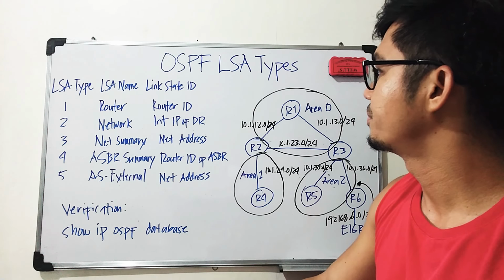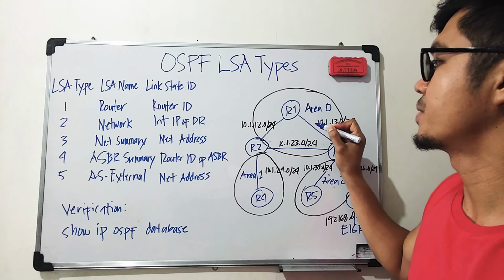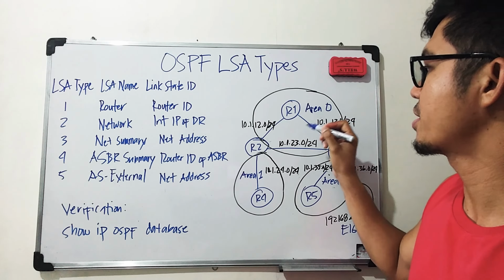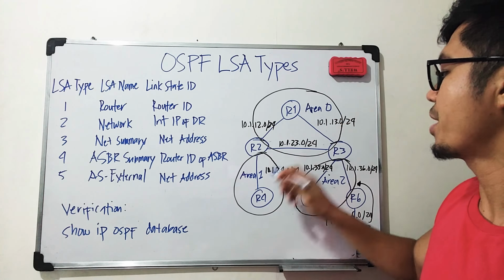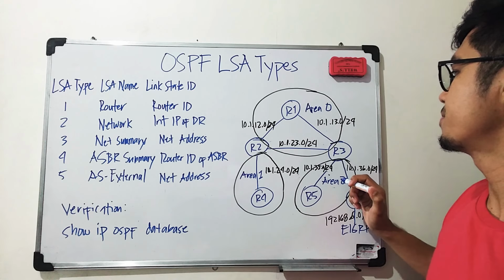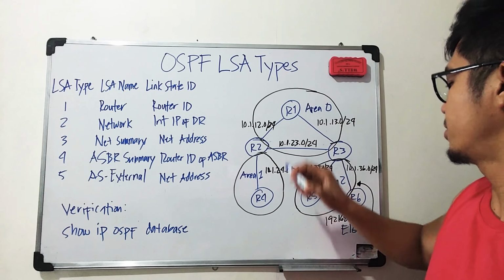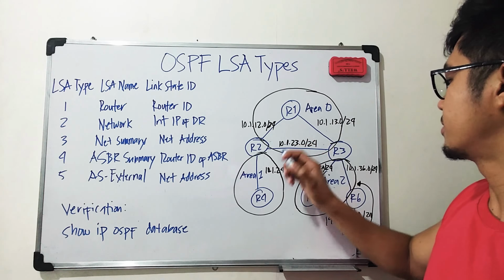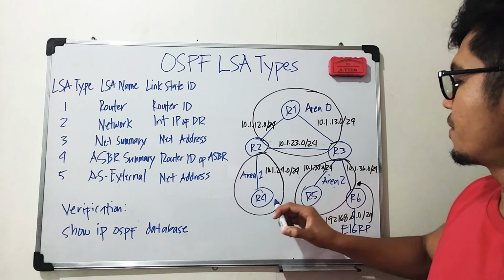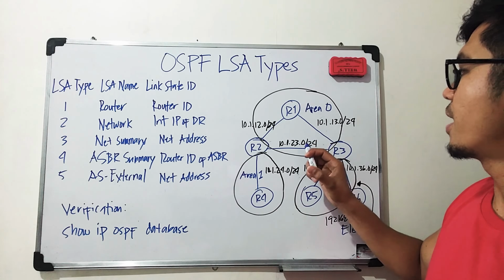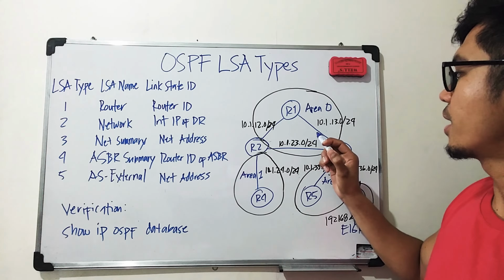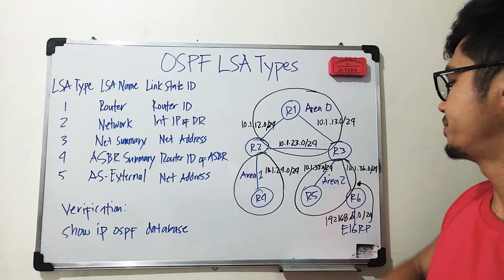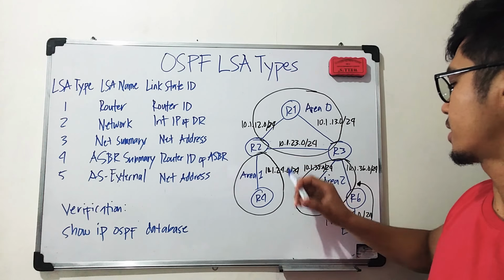And let me just describe this topology that we have here. We have area 0, area 1, area 2, and we have 6 routers, 1, 2, 3, 4, 5, 6, and we have the networks per segment or per link.